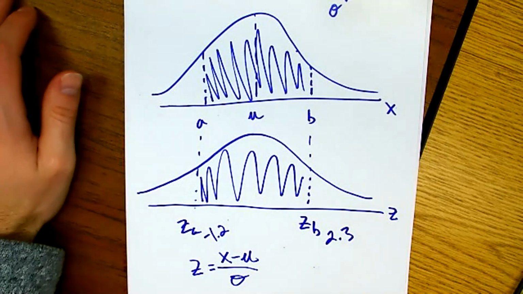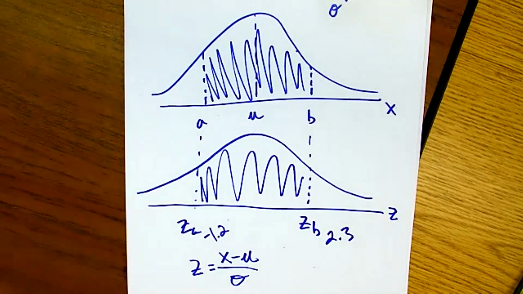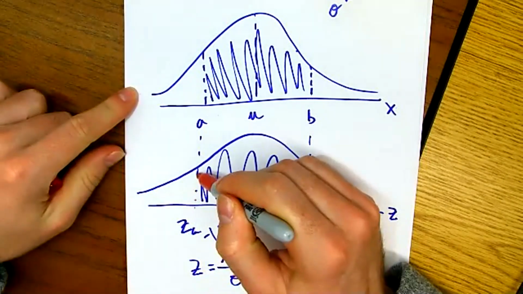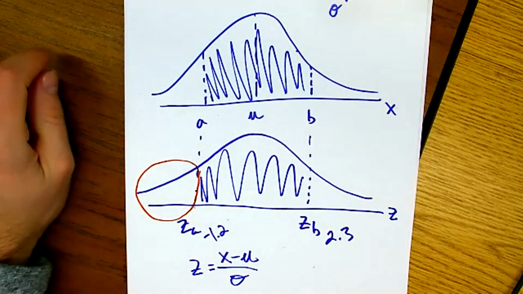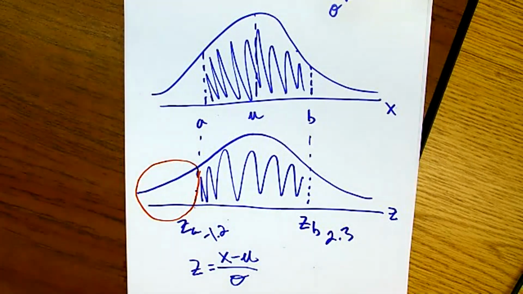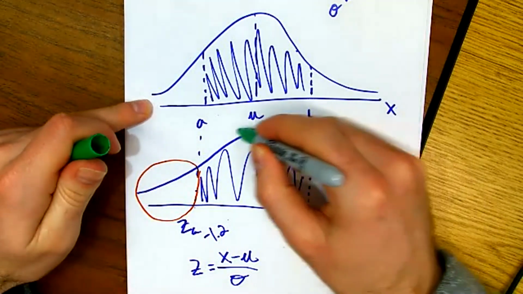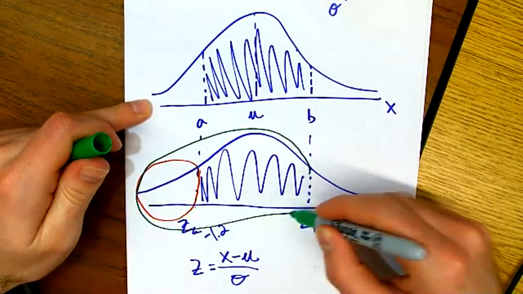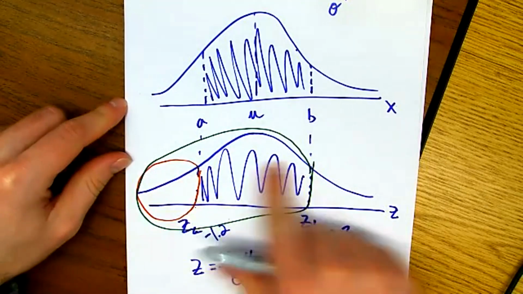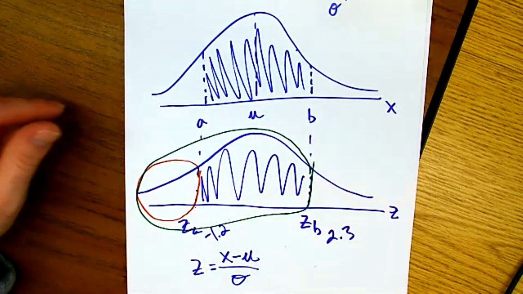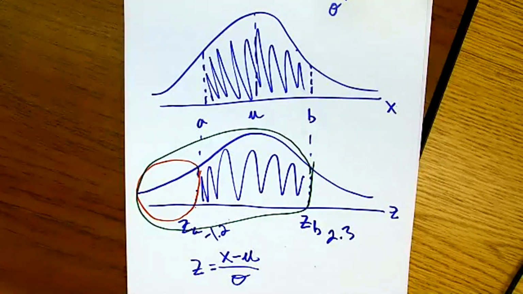What I can do from the table is if I looked up that z-score of negative 1.2, that would give me the area to the left here. If I looked at the z-score of 2.3 on the table, it gives me the area to the left of that. So now if I subtract that smaller red area from the larger green area, I'd be left with what I was originally looking for, which is just that shaded area in between the two.